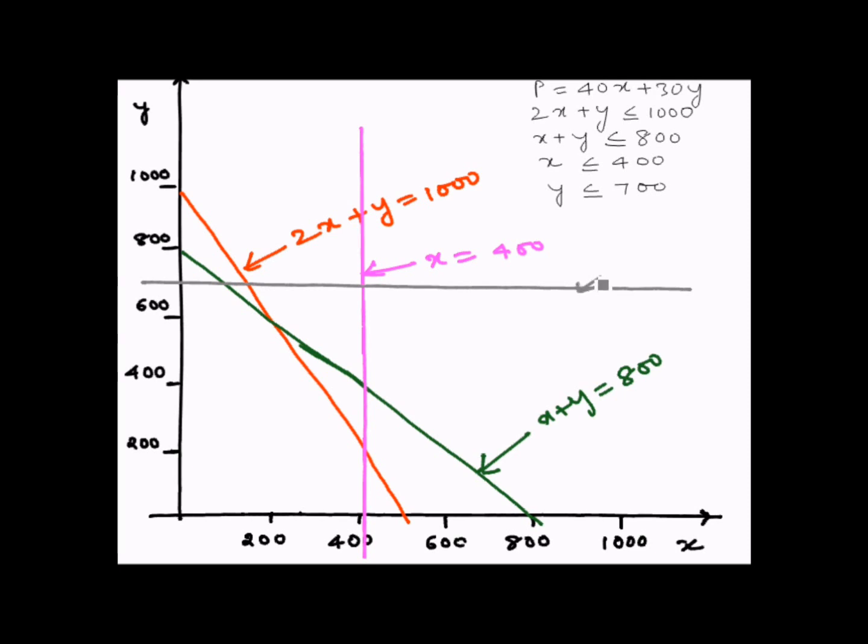So this line represents y is equal to 700. All the points above this line represent y is greater than 700, and all the points below this line represent y is less than 700.